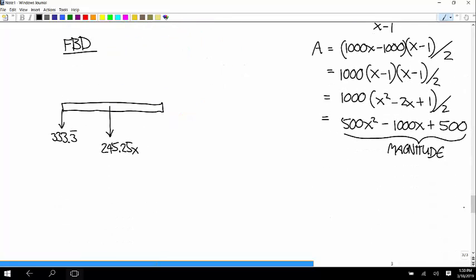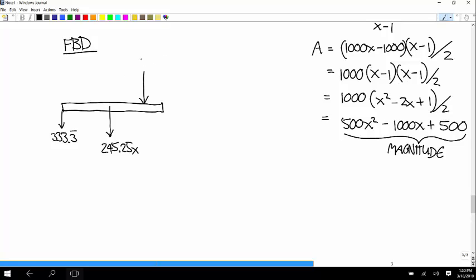The point force from the triangular distributed load is a third of the way from the midpoint to the end, or from the end to the midpoint, I guess.